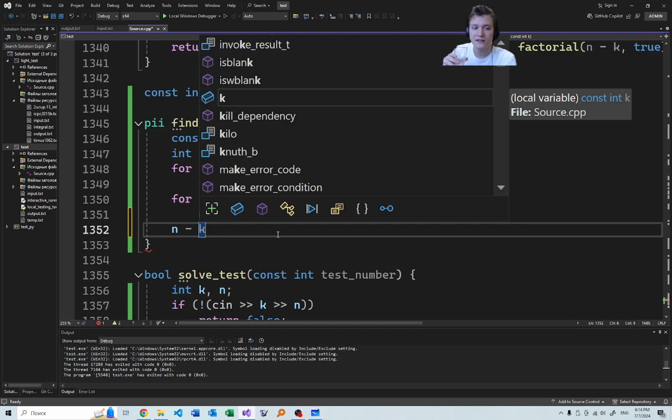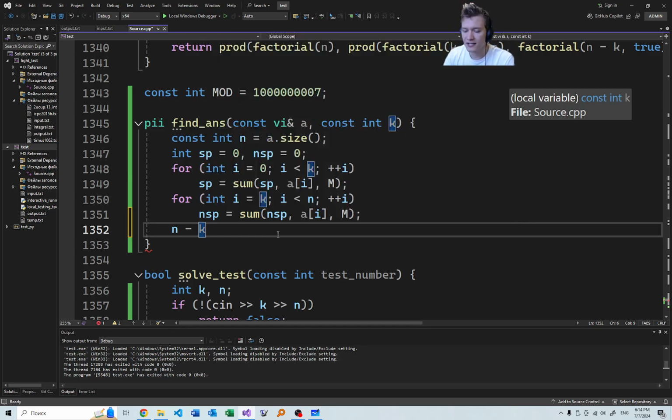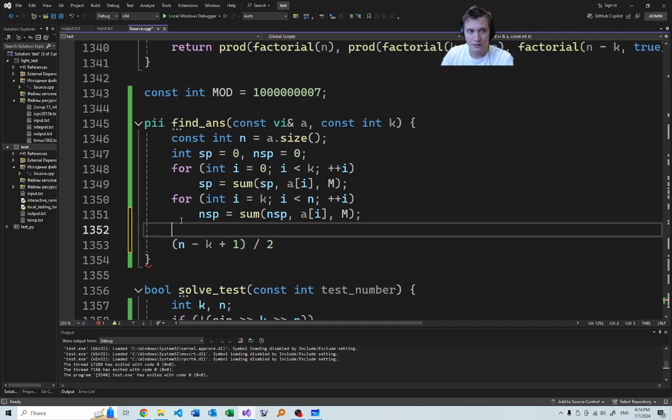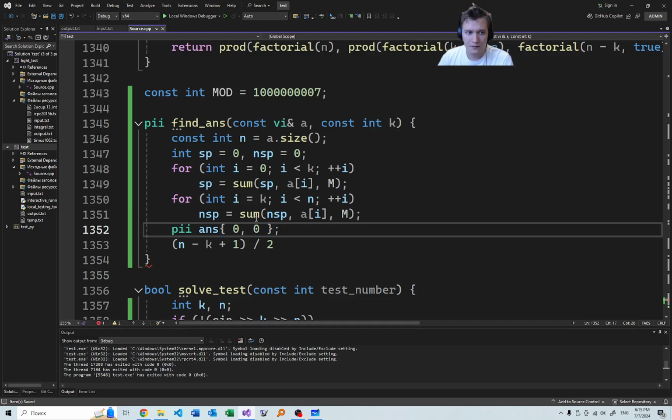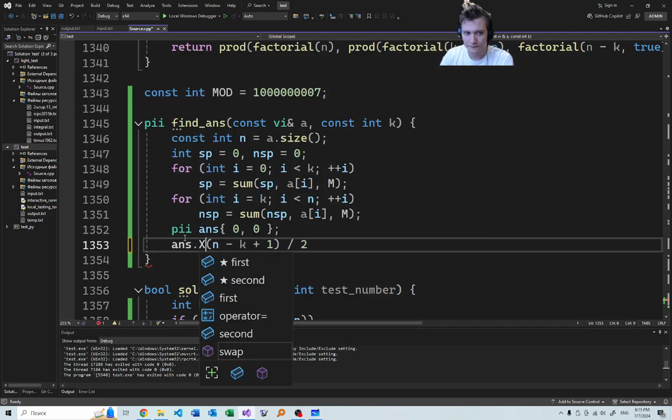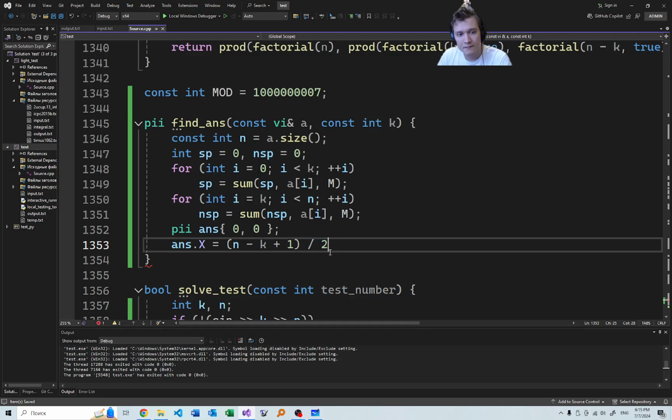He or she takes (n minus k plus 1) over 2 not special balls. So the first player takes this many not special balls. Yeah?